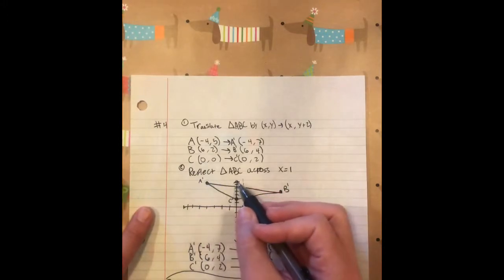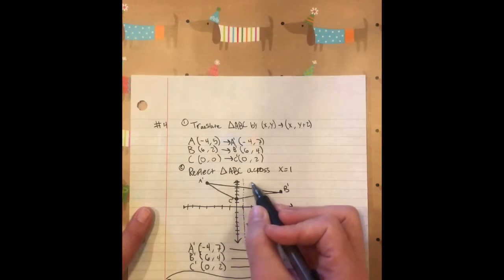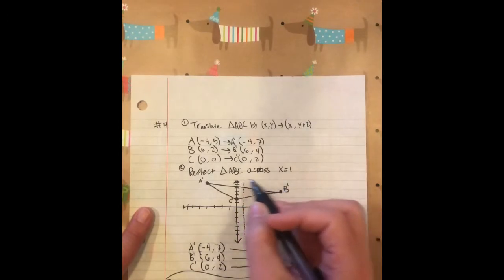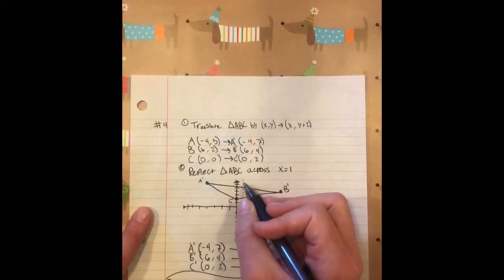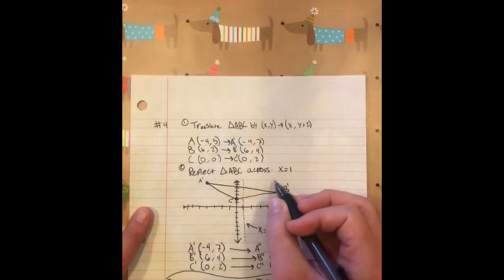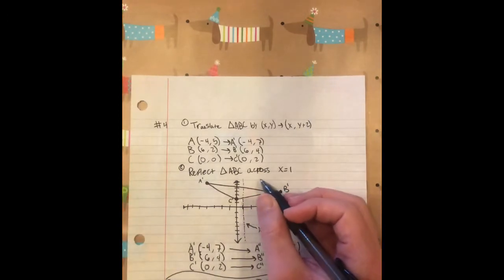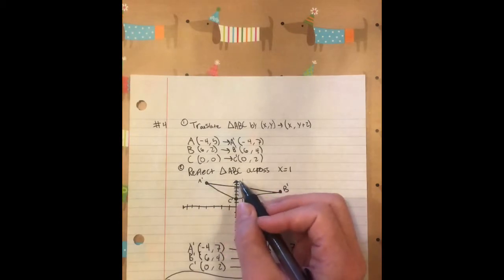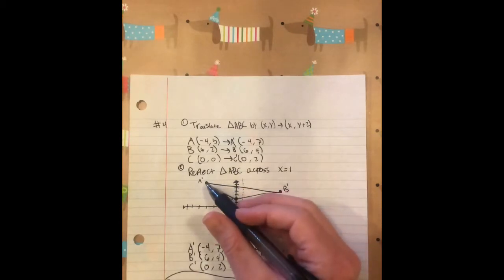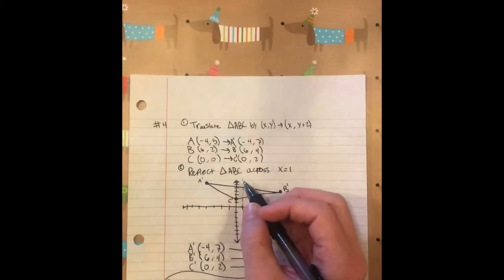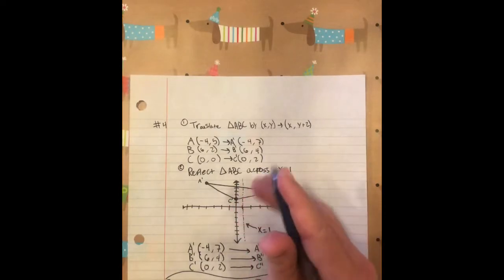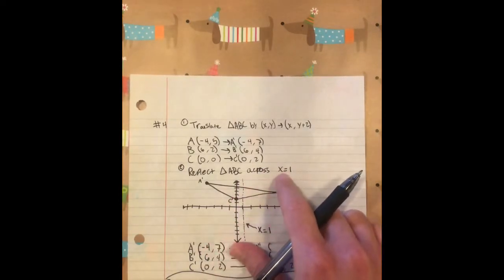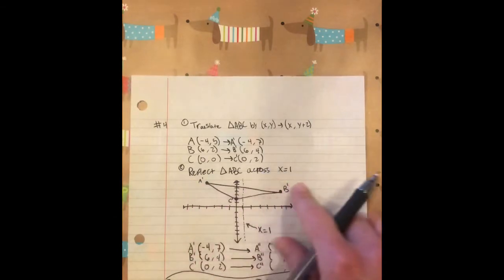So if it's 5 units away from the line, we need to put it 5 units past the line. So A is going to go from here to here, somewhere about here. Where exactly? Well, how far away from the line was A prime? It was 5 units. So how many units past the line does it need to go? 5 units. So I want you to know, we're flipping it horizontally.